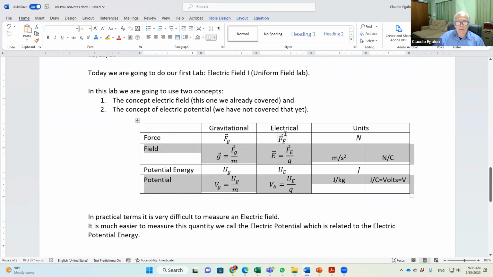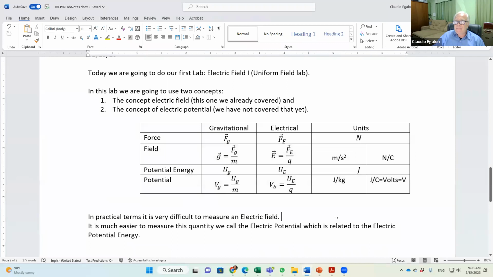In the case of the field, you divide the force by the charge. In the case of the potential, you divide the potential energy by the charge as well. So don't forget, voltage is nothing but a measure of energy.